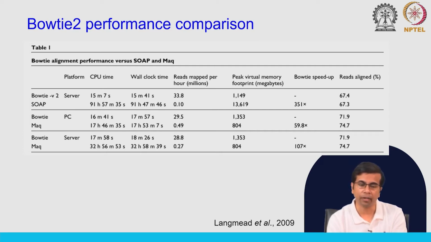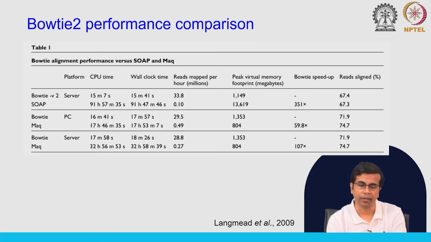So, what you will see here, on the left you have the names of the tools. In the first set there is a comparison between Bowtie2 and SOAP, the platform is server, and you can see the CPU time or wall clock time, the time taken to do a certain number of mappings. You can see Bowtie2 is significantly faster, much faster here.